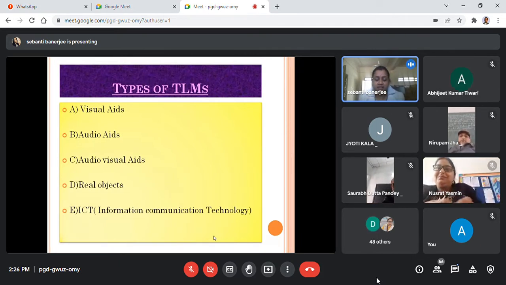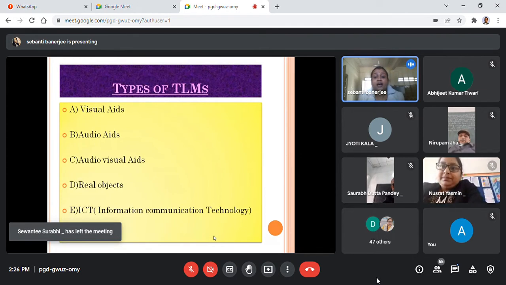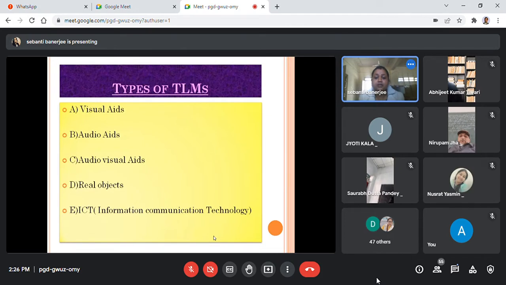And ultimately, ICT. The thing which I had started with in this presentation, that is the blended teaching learning system. In a blended teaching learning system, when the teachers are conducting their classes in online mode, ICT is becoming more and more relevant. We are giving PPTs, augmented realities, various types of apps we are presenting to the students.